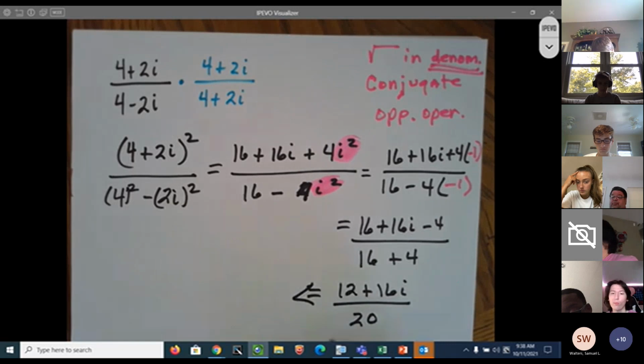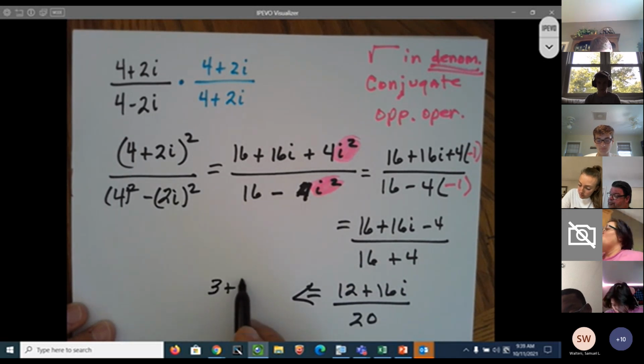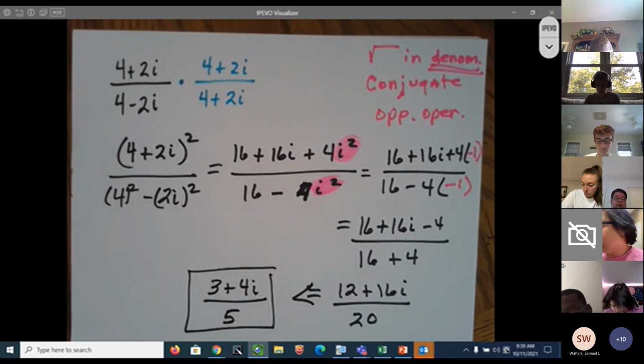And we can simplify this because it's a fraction. I think we can divide by 4, giving 3 plus 4i over 5. That should be your answer.